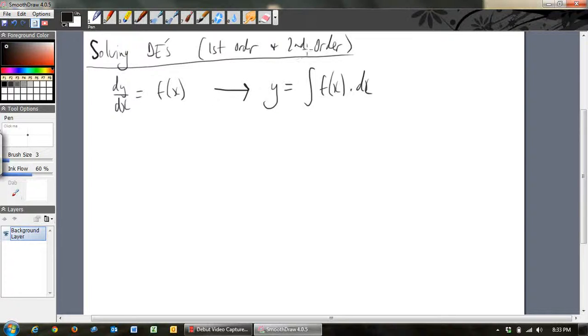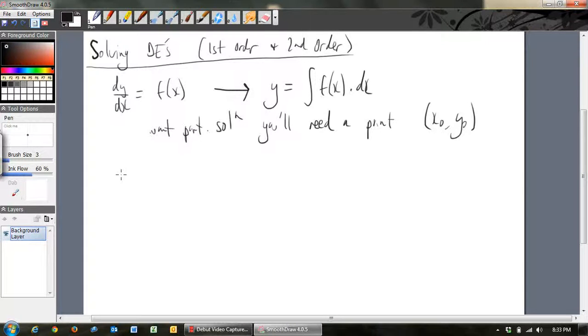All we have to do is integrate it, basically. Now, that'll give you the general solution. If you want a particular solution, then you'll need a point, some x0, y0, something like that, that you can plug in to find your constant.